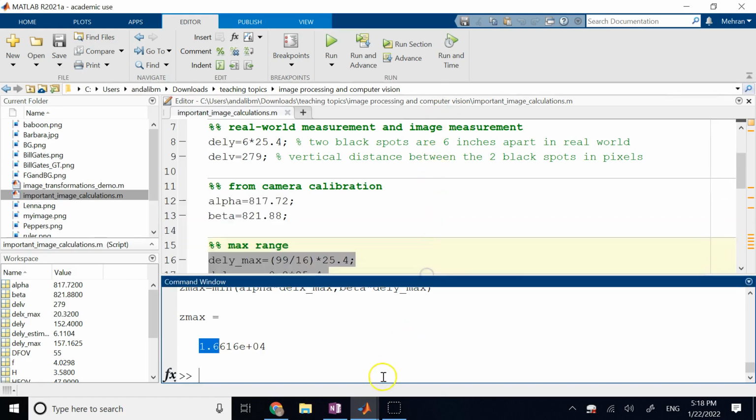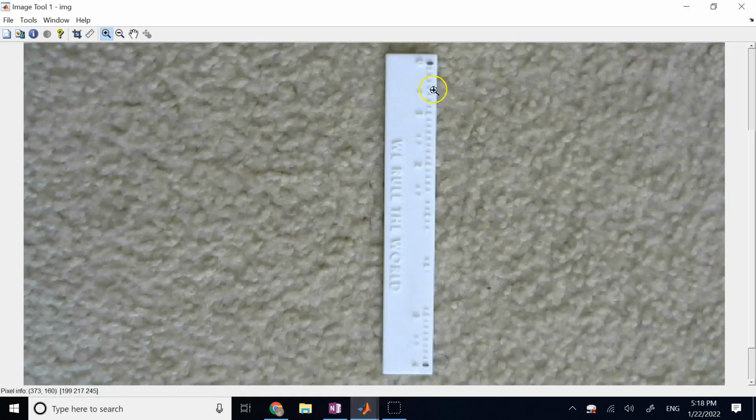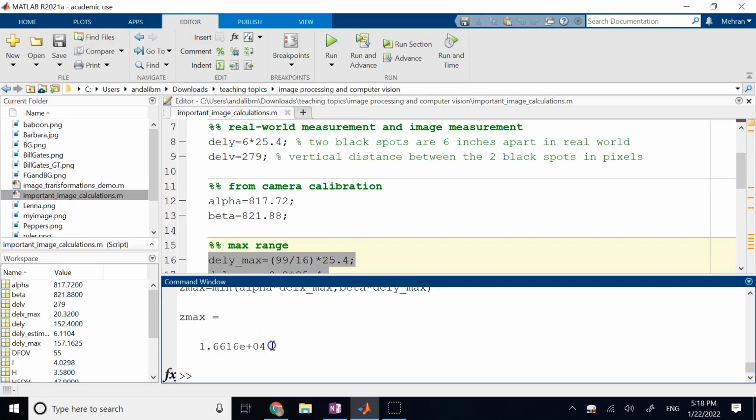This is the maximum distance at which I can see both of the horizontal and vertical directions of this ruler at least as 1 pixel, right? So again, it depends on the size of the ruler. If it was a bigger ruler, definitely that maximum size would have been something bigger, but clearly for this size, up to 16.6 meters, I can barely see the ruler.